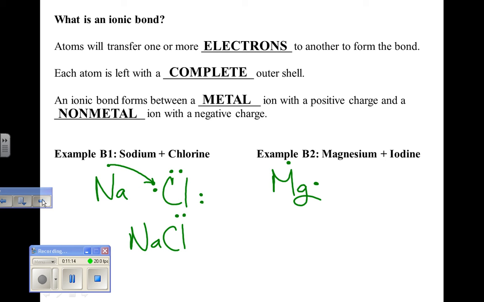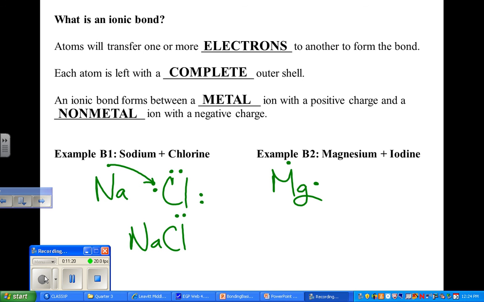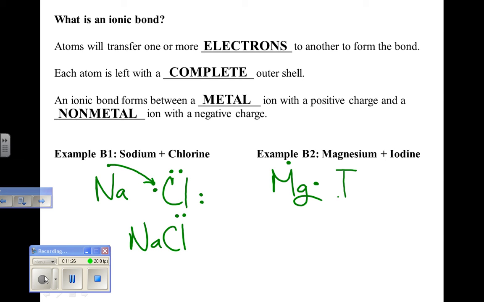Iodine's in what group? 17, so I have to draw 7 valence electrons. I probably drew these a little close, but that's okay. So does this one work out as nicely as the other one? No, because if I give one of magnesium's valence electrons to iodine, magnesium still has one.